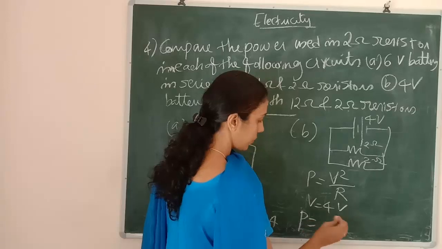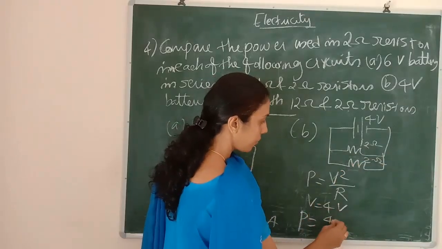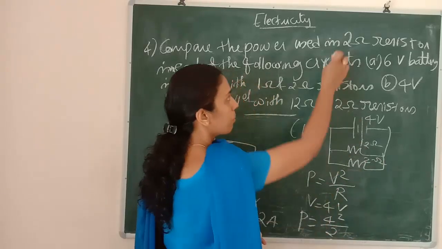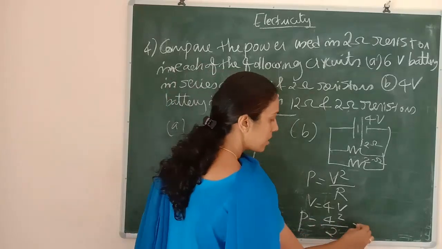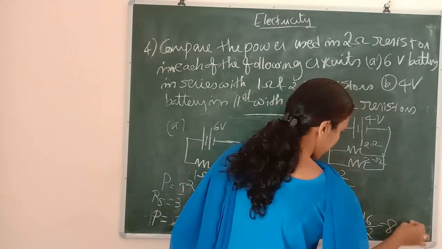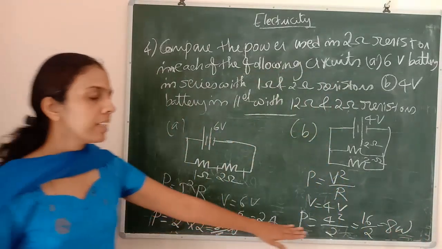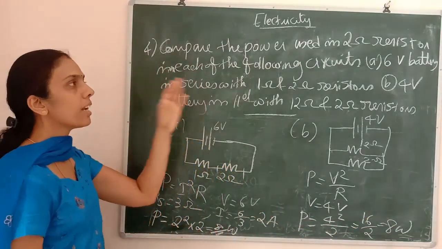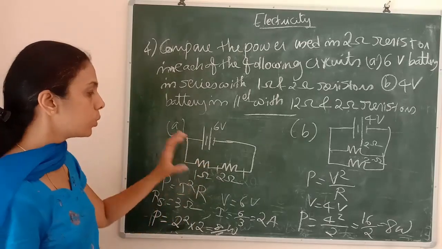Power across 2 ohm equals V square divided by R, where R is 2, because we need to find the power across 2 ohm, isn't it? So 16 divided by 2, that is 8 watt. So here also we got the power as 8 watt, and there also we got 8 watt. That means the power across the 2 ohm resistor is the same in both connections.